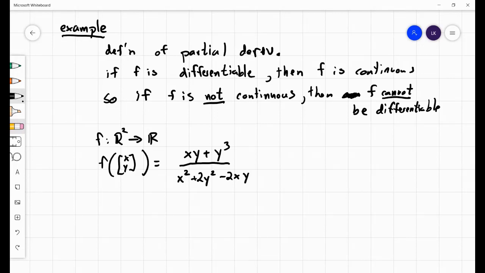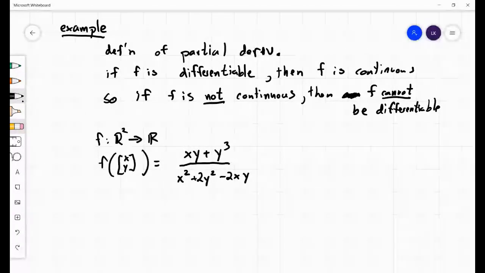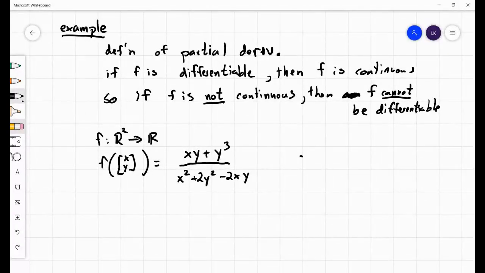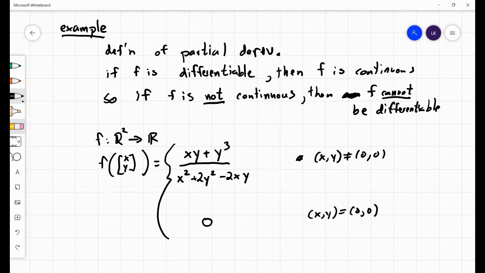We're going to show that the partial derivatives exist at the origin. So this is when we're away from the origin, and let's just define the function to be 0 at the origin, because otherwise it would be trivially discontinuous and that would be no fun. If the function is not defined at a point, it can't be continuous there.